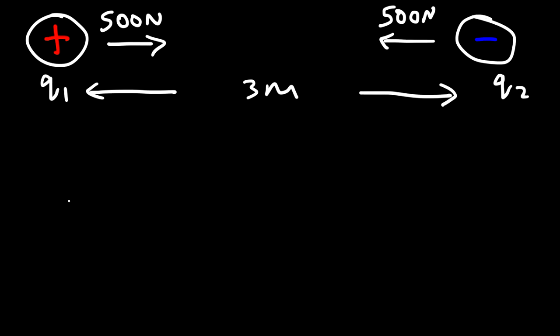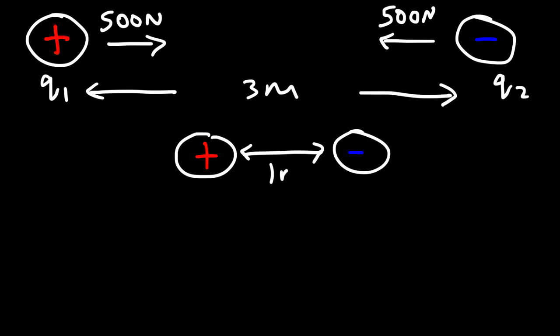So what's going to happen to the forces acting on those charges if we bring the charges closer to each other? So let's say the separation distance is now 1 meter instead of 3 meters.